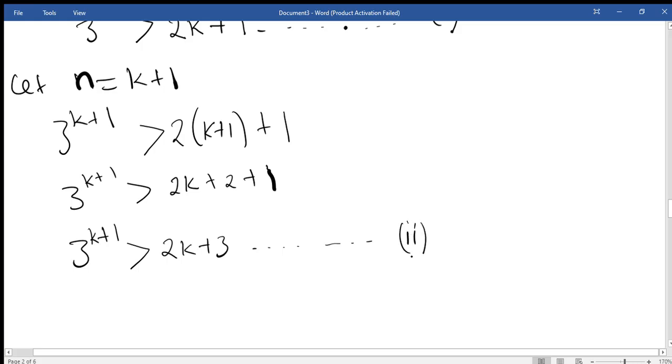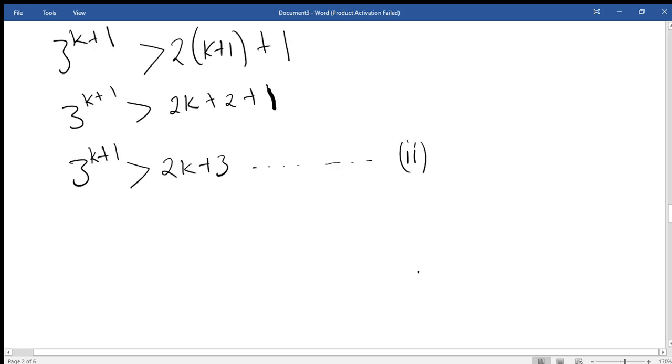So if this is the idea, with the inductive step we need to show, so what are we going to say?